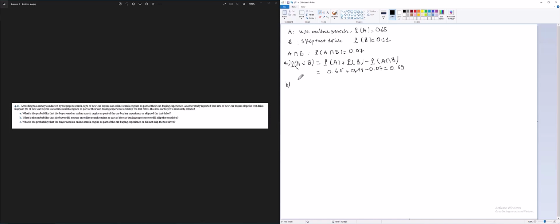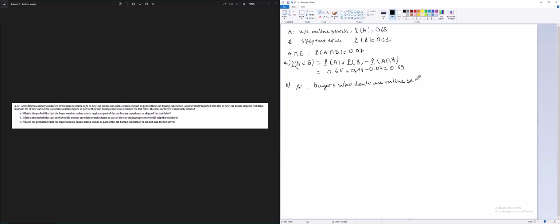So not using online search would be the complement of the event A. Let's call it A prime. So A prime would be the event that the buyer does not use the online search.